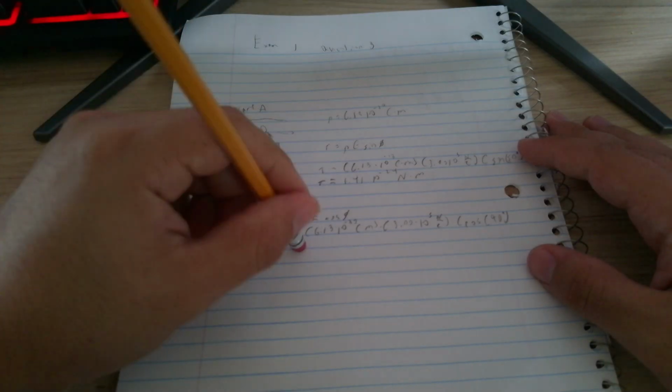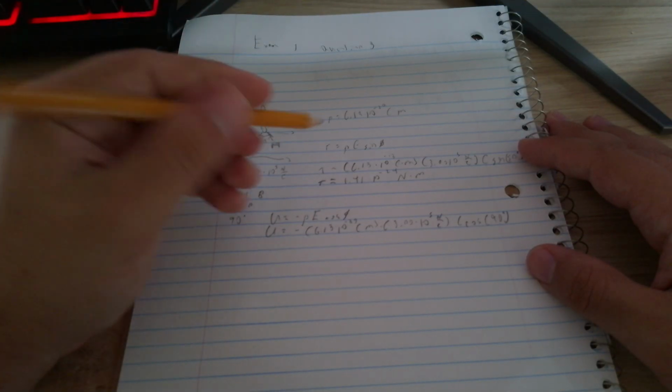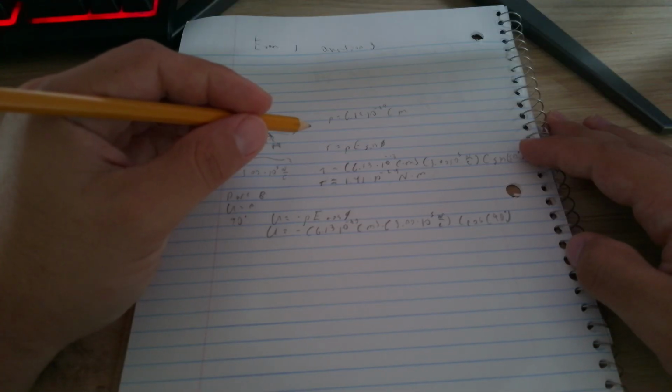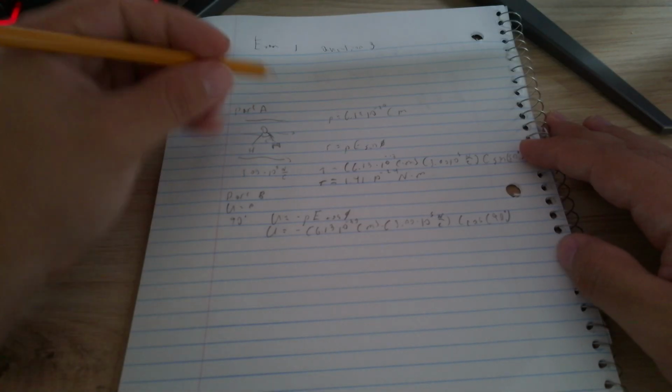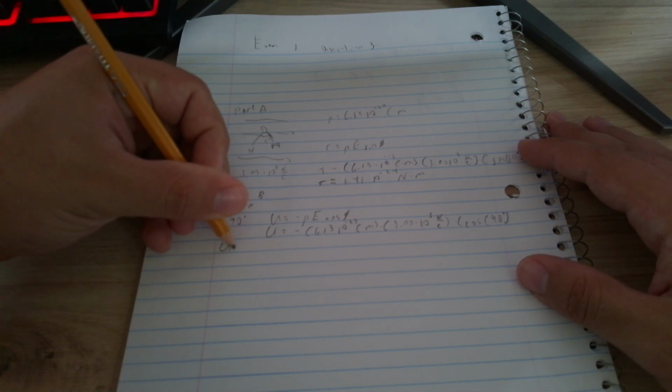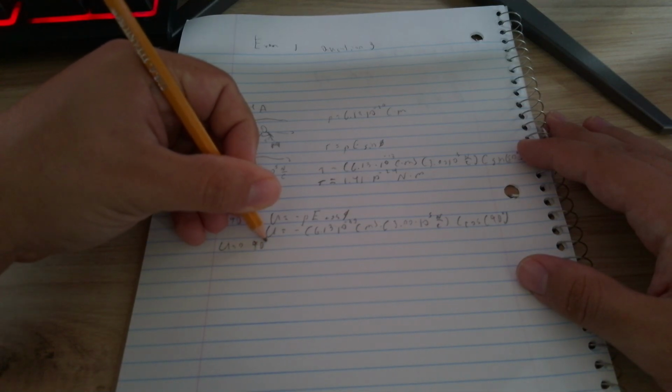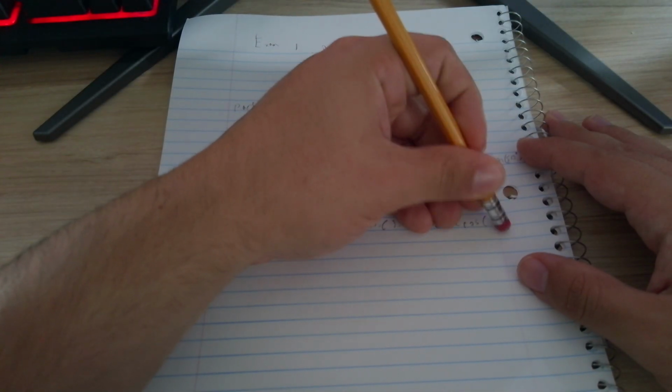But it's actually not the right one because U is equal to 0 when it's at 90 degrees. So we have to reuse our 50 degree angle that we have over here.